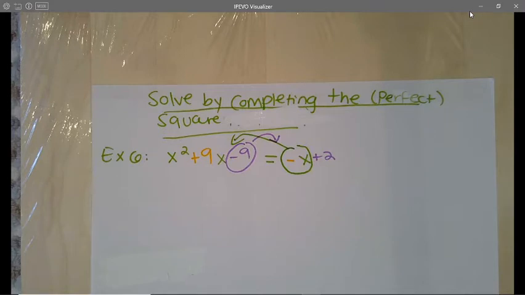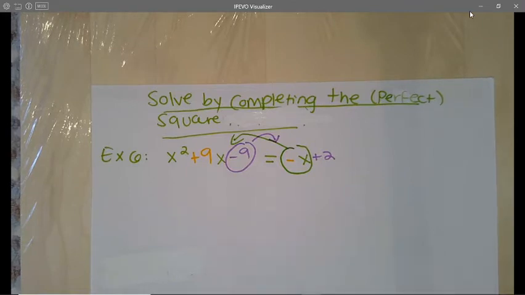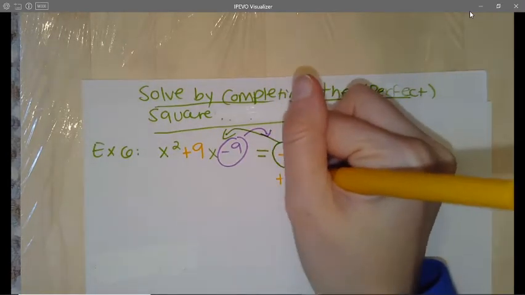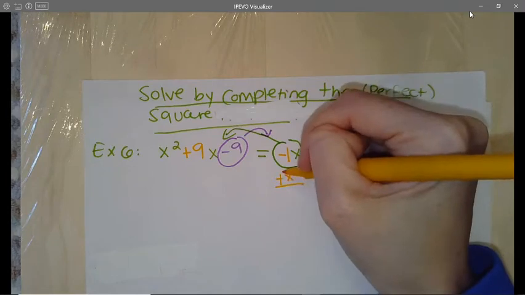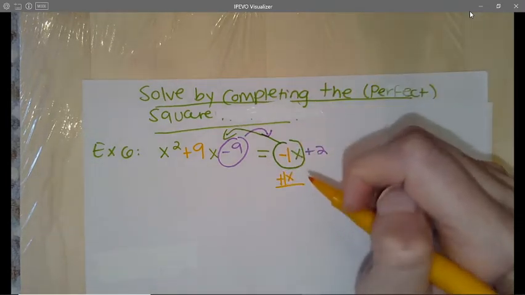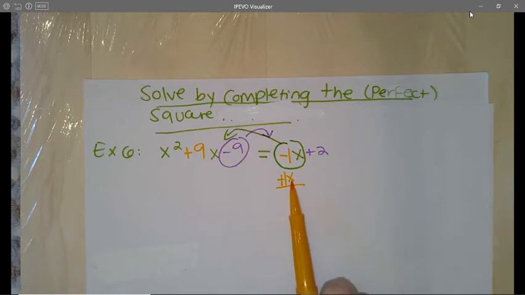I'm going to start by moving -x to the other side, which the way I move -x over is by adding it on both sides. So I'm going to add x on both sides, and don't forget, you guys, there's secretly a 1 in front of the x if you don't see anything. Now, how you know which term to add this to is the term that is like terms with the x.